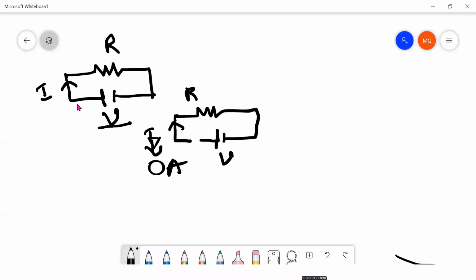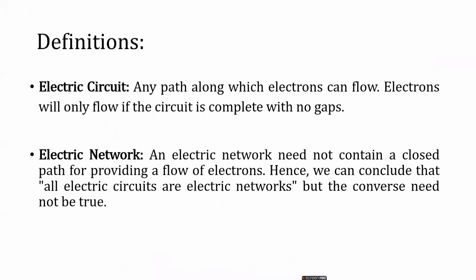Then we can find the path for the flow of the electrons. That's why it is called a circuit. Then what about this one? For that there is one more definition: an electric network, or simply the network. An electric network need not contain a closed path for providing a flow of electrons.